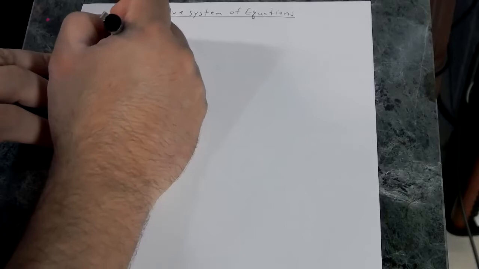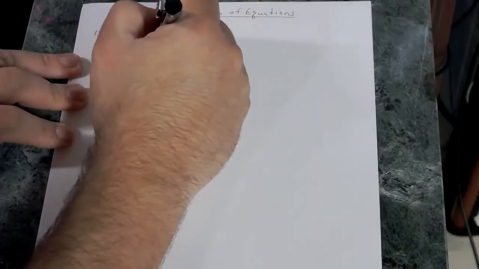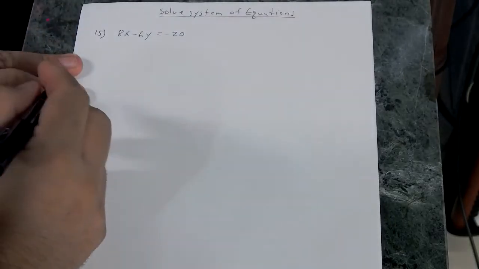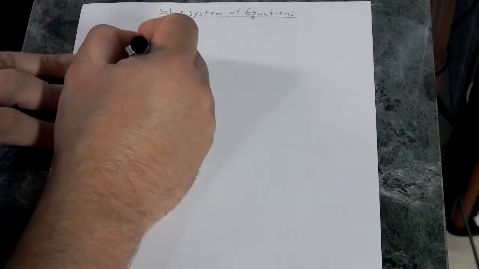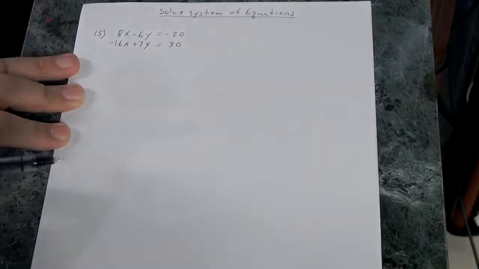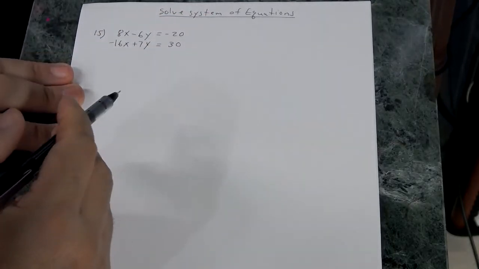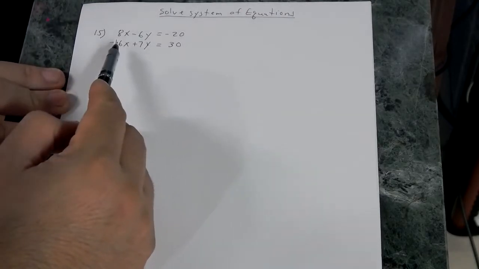It says 8x minus 6y equals negative 20. And then it says negative 16x plus 7y equaling 30. So in the elimination process, we would like to eliminate either x or y. And it really doesn't matter, you choose.